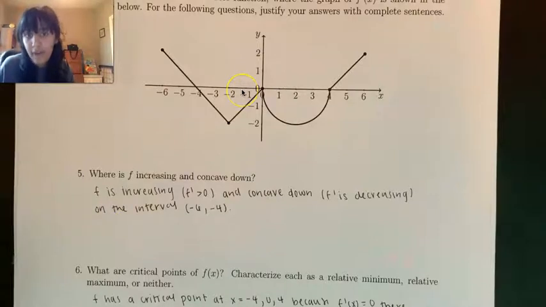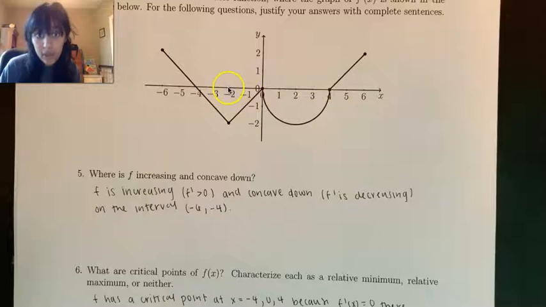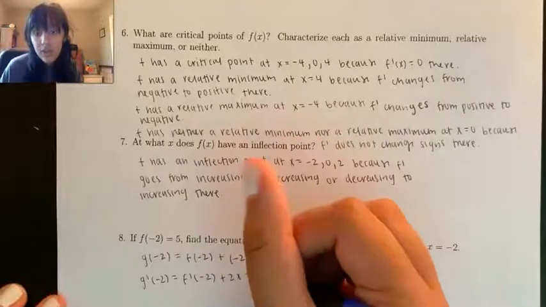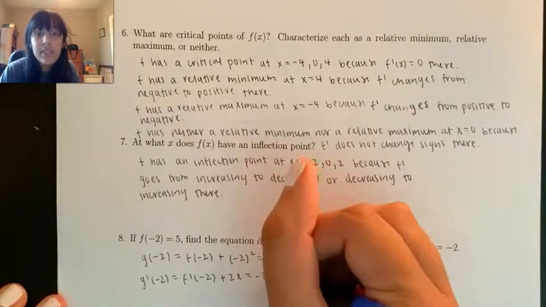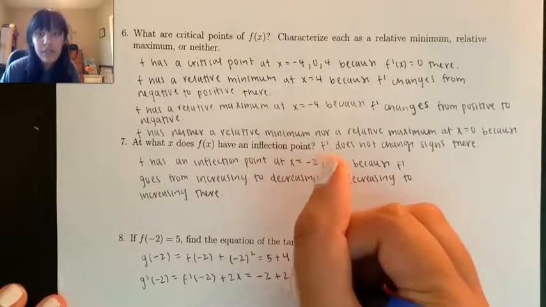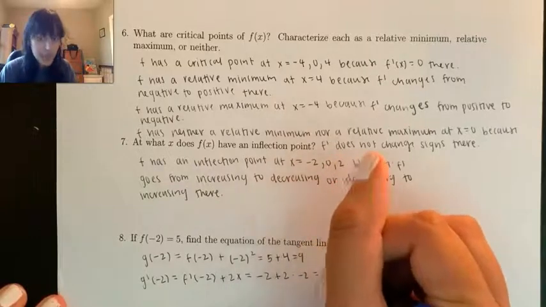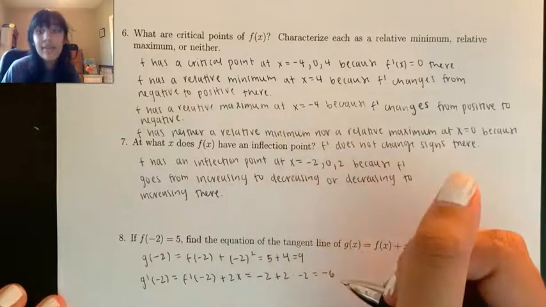In order to find the value of f prime of -2, we're going to look at this graph. This is the line of f prime, and at -2, the point is -2. So your y value would also be -2, and that's what you would plug into your equation. So g prime of -2 is equal to -2 plus 2 times -2, and that's going to give you -6.